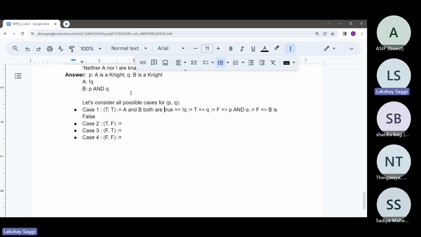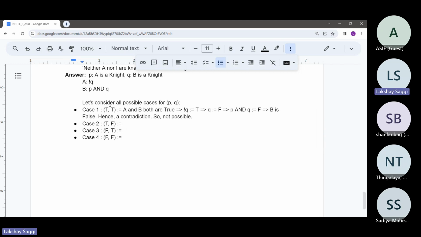But initially we had assumed that A and B both are true, but what we come at is B is false. So what we obtain is a contradiction. So this case is not possible. So A and B both are not knights, at least we can say this.